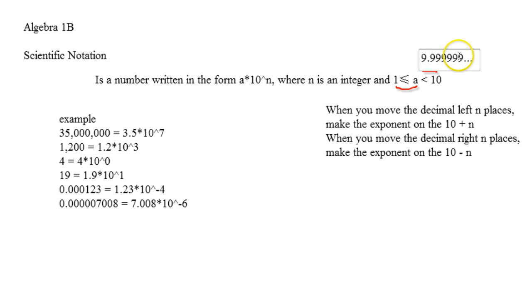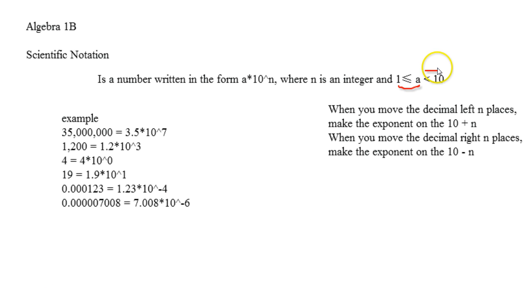There is a proof out there that says that 9.99999 repeating can be rounded up to 10, but we're just going to assume it's going to be like this for right now. It's going to be pretty simple to work with.